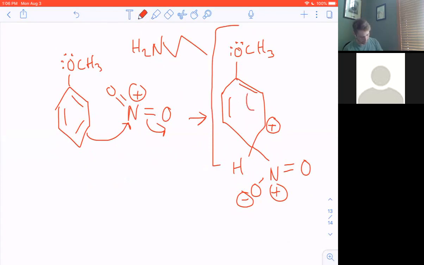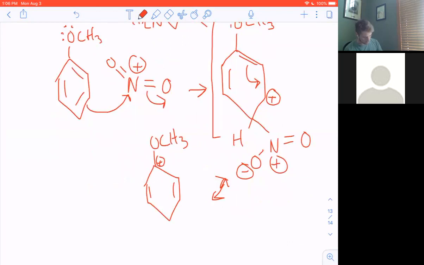I'm just going to move it around the ring a little bit. So the next one is going to look like this. So you have this here, the positive charge is here. And we still then have the nitro group here with the hydrogen.